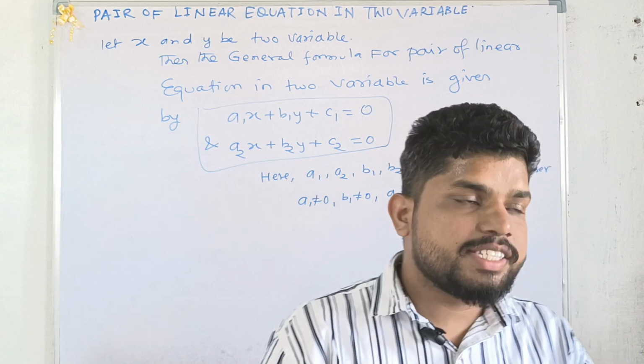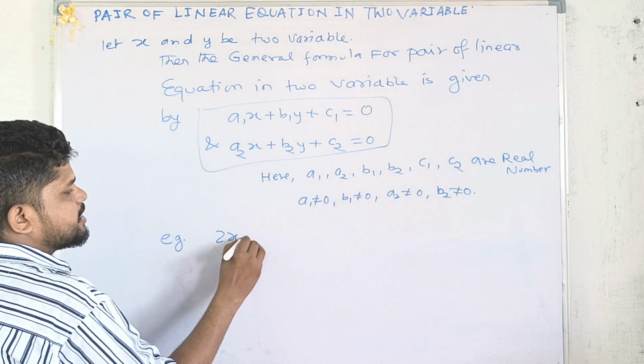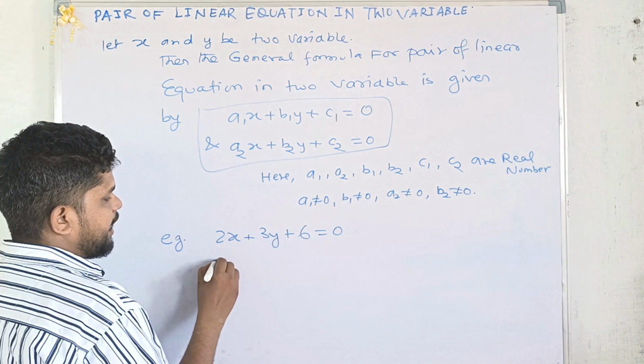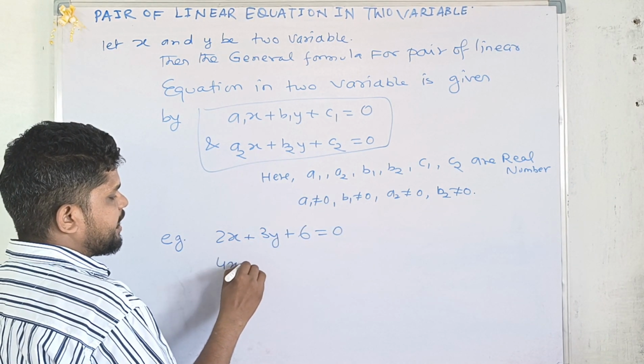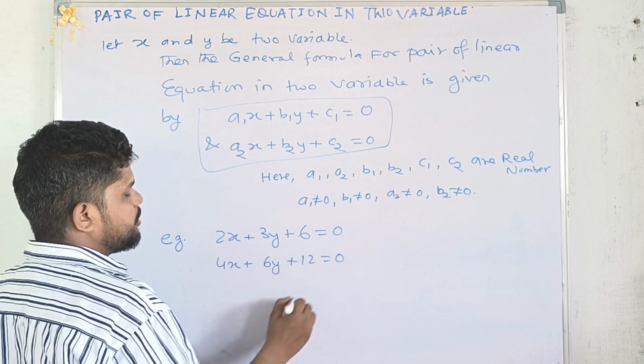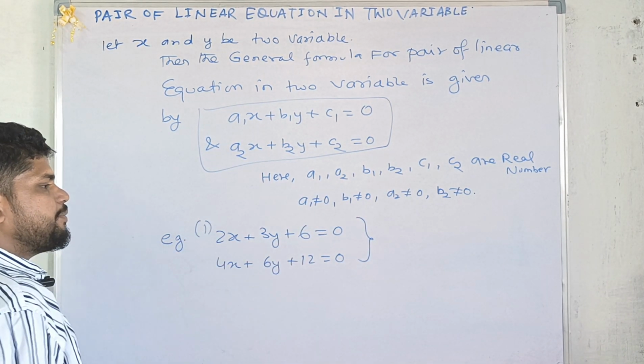Let me give you one example. Suppose I am writing 2x plus 3y plus 6 is equal to 0, and here I am writing 4x plus 6y plus 12 is equal to 0. Here they are a pair of linear equations in two variables.